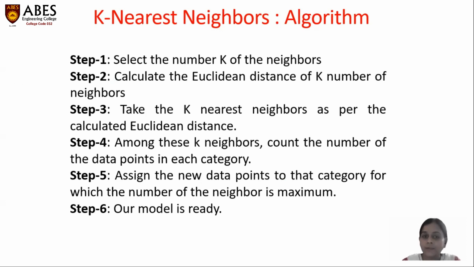The category having the maximum majority vote will take the new data point. And then our model is ready. This method is followed and repeated for each and every new data point that comes.